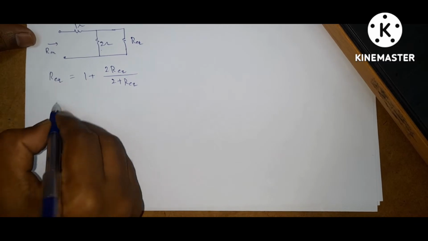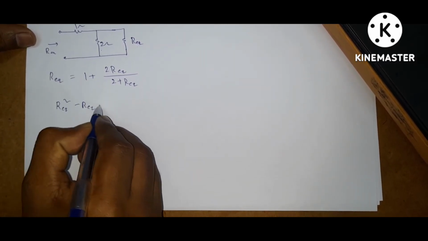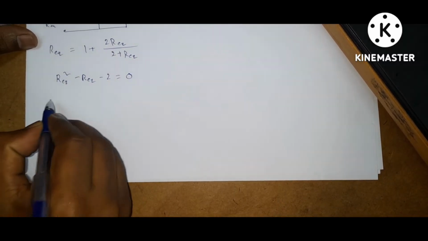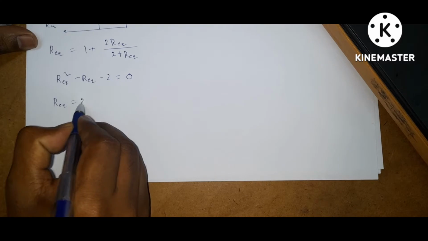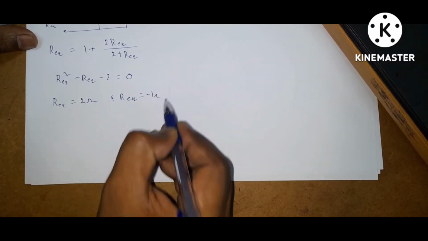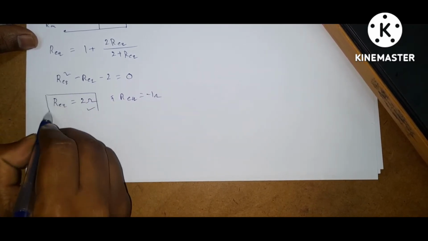So the quadratic equation is R equivalent square minus R equivalent minus 2 is equal to 0. If we solve this equation, we get R equivalent equal to 2 ohms and R equivalent equal to minus 1 ohm. We consider only the positive value. So this is R equivalent.